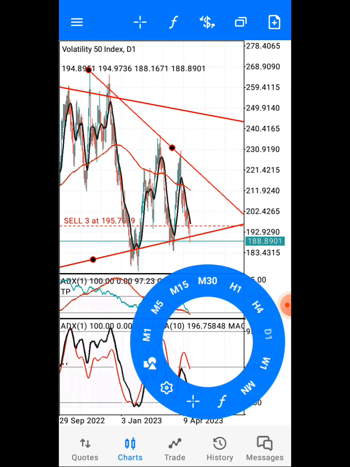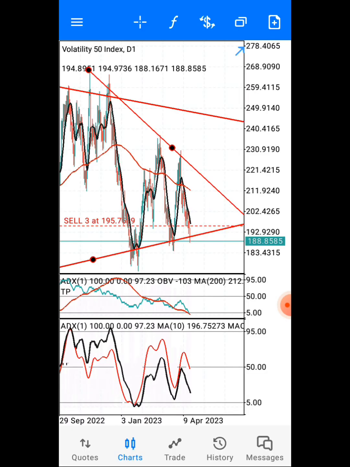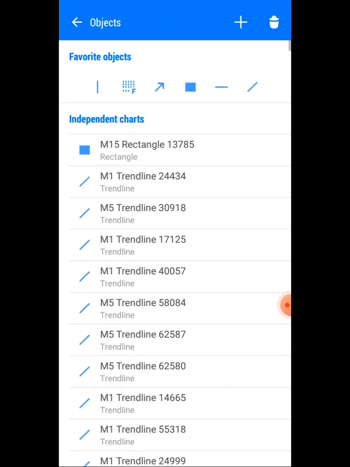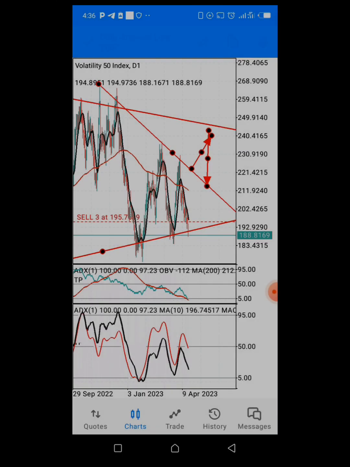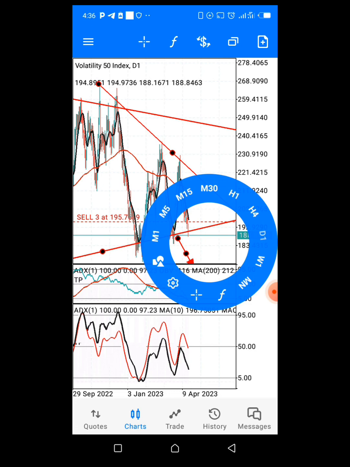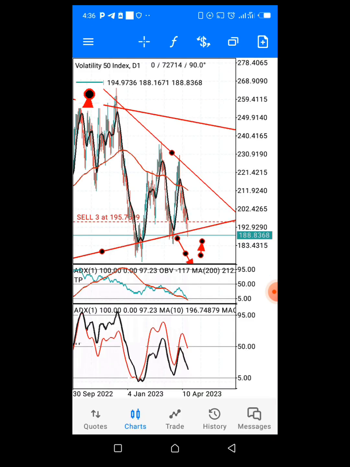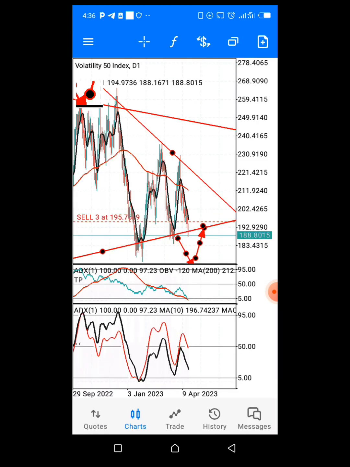Now what are we waiting for? We are waiting for a breakout. If the market is going to break out from this line and retest, then the movement continues, or it breaks down from the downside, then a retest, and continues its movement.